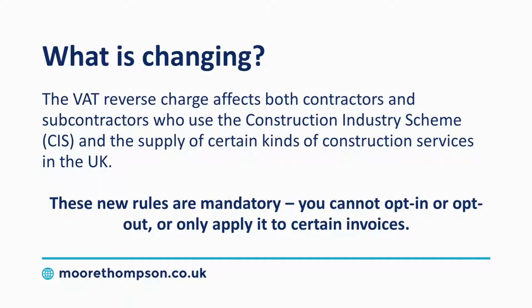Both supplier and customer are registered for CIS. The customer intends to make an ongoing supply of construction services to another party. And finally, the supplier and customer are not connected. The change will not apply to zero-rated supplies or if the customer is based outside the UK.